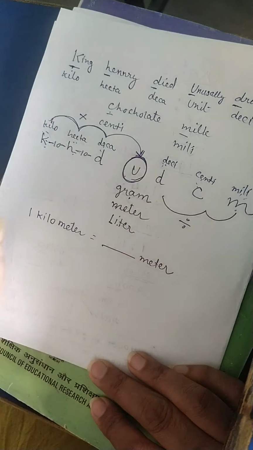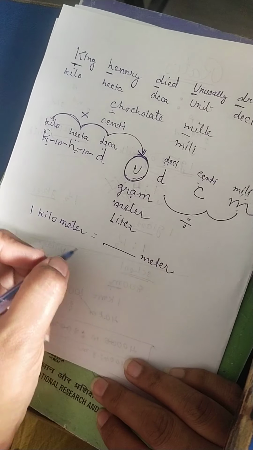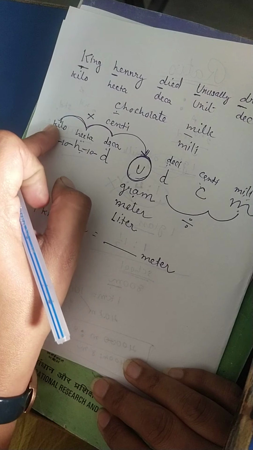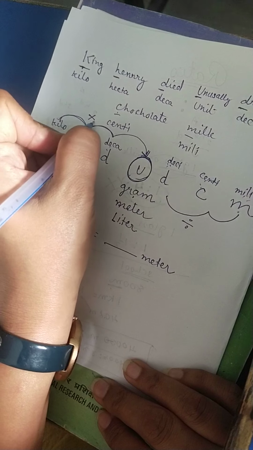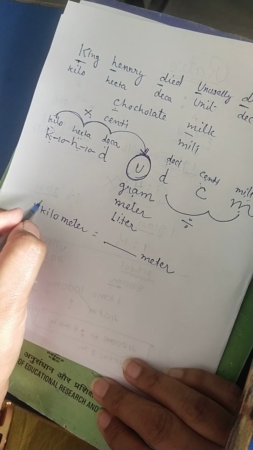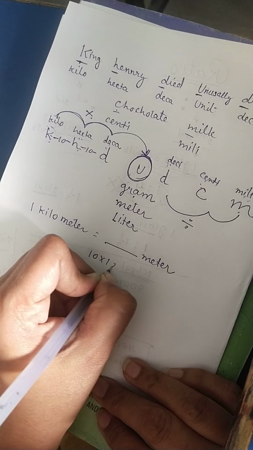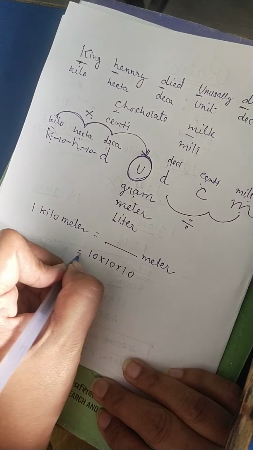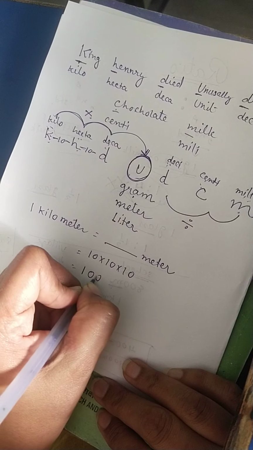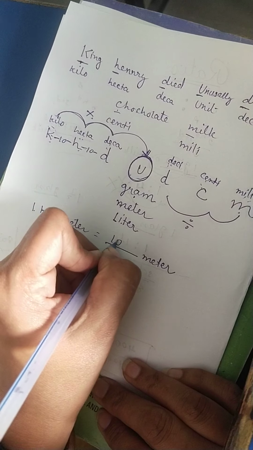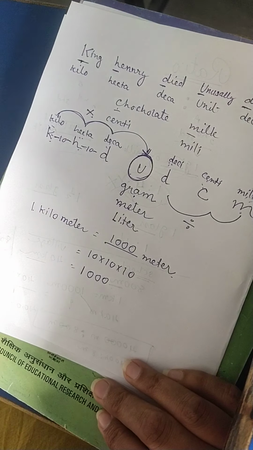So 3 jumps. Which side are we moving? Big to small, so we multiply. Three jumps means 10 and 10 and 10. Either we can write 1 and then after 3 jumps, 3 zeros. So 1 kilometer is equal to 1000 meter.